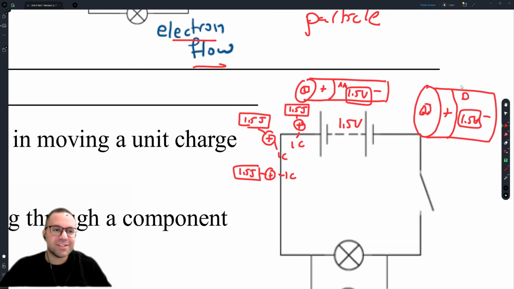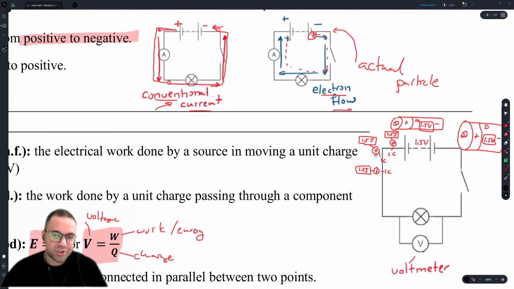The difference is how much it lasts. So that changes, sure. But voltage doesn't specify that. Voltage just tells you how much energy each charge takes and delivers. So when these charges go to the light bulb, they give the light bulb 1.5 joules each.